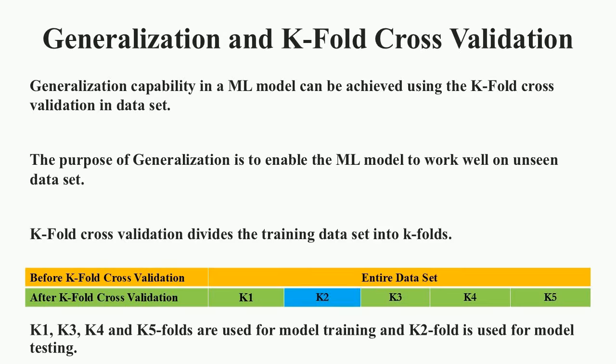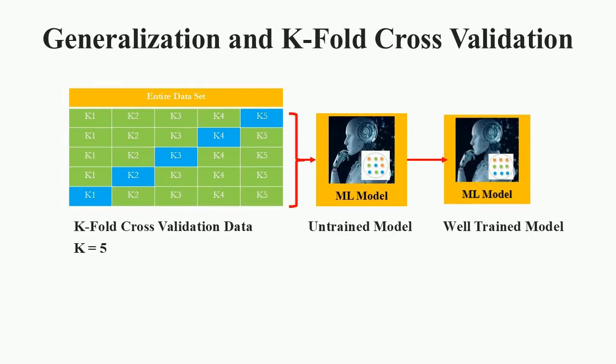Then, k1, k3, k4 and k5 folds are used for model training, and k2 fold is used for model testing. And finally, k2, k3, k4 and k5 folds are used for model training, and k1 fold is used for model testing. The k-fold cross-validation scheme can be understood in the given diagram here. Please note that the value of k is taken as 5.